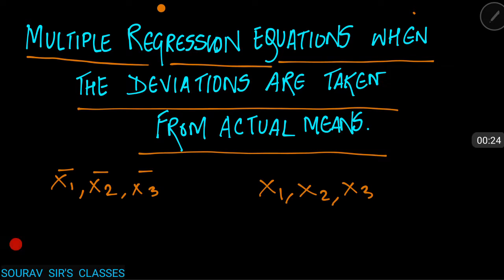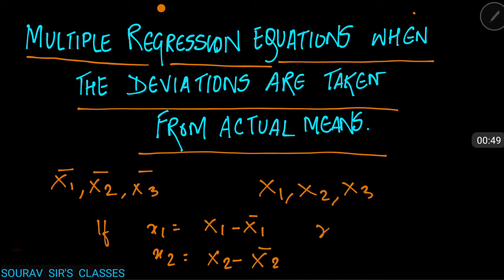The calculations involved in solving these regression equations are considerably reduced if the deviations of the various variables are taken from their respective means. So, if x1 is equal to capital X1 minus capital X1 bar, x2 is equal to capital X2 minus capital X2 bar, and x3 is equal to capital X3 minus capital X3 bar.